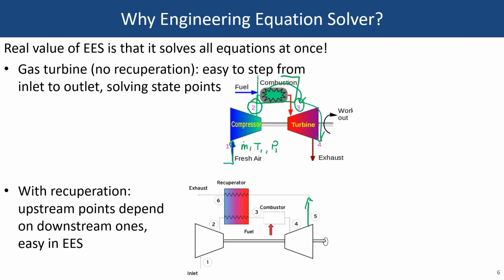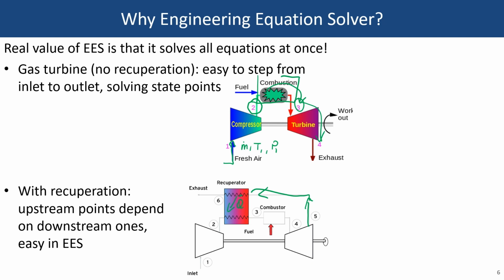So this can give you a much more efficient cycle because you've taken some of that heat from the exhaust gas leaving the turbine that would otherwise just be lost to the environment, and fed that back into the input of the cycle.